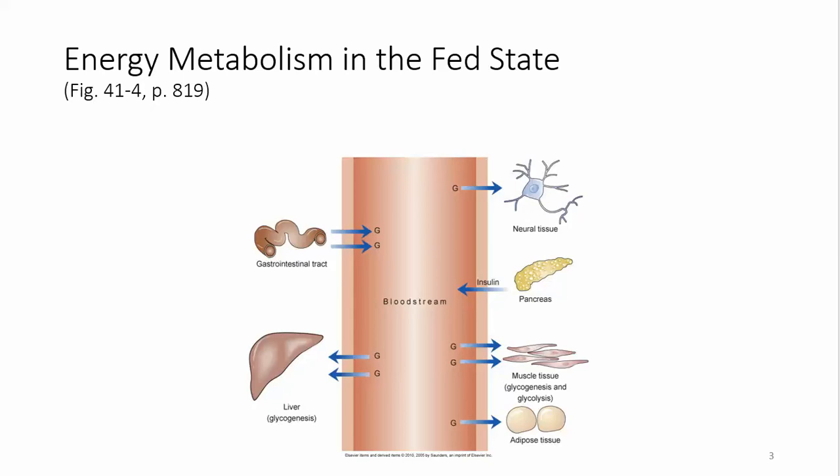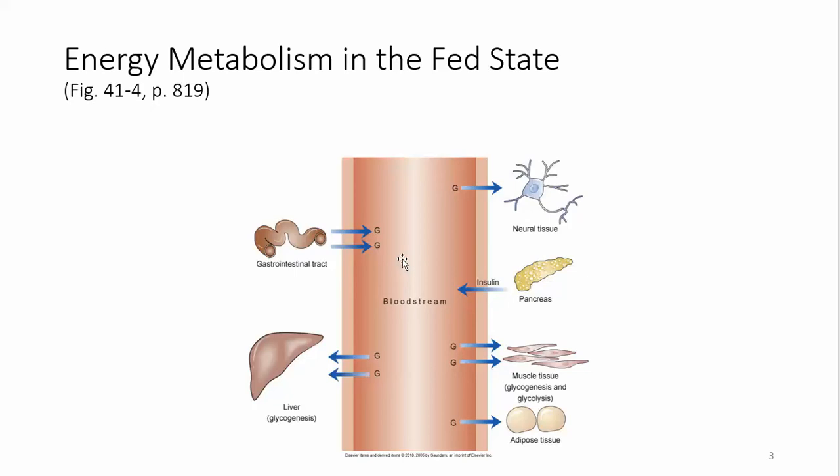So when you have just eaten, so you're in the fed state, what happens is the glucose leaves the digestive tract, goes into the bloodstream. Glucose goes into neural tissue, which it freely does.